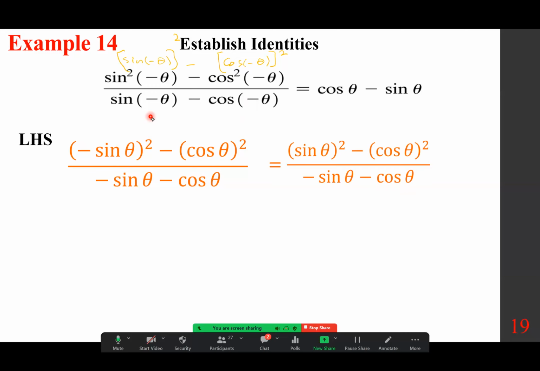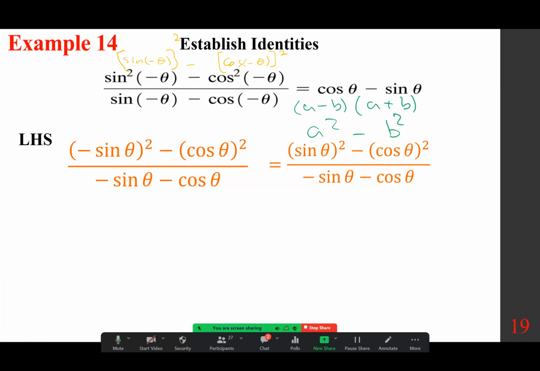And since we want to simplify, rather than any other method, we just use a squared minus b squared, and we write sine minus cosine and sine plus cosine for the top. So we are looking at a squared minus b squared. And we know a squared minus b squared is a minus b, a plus b.